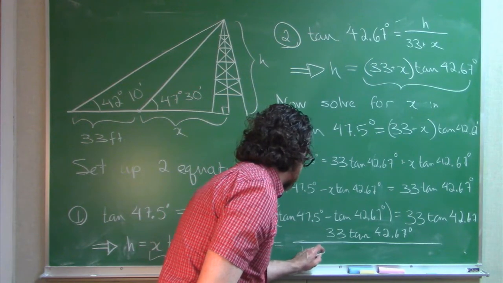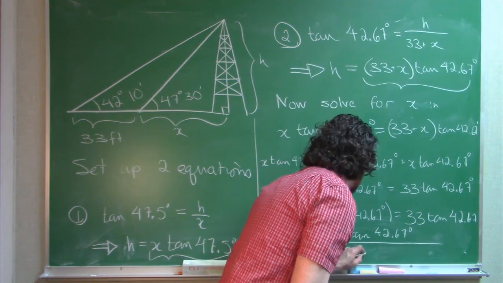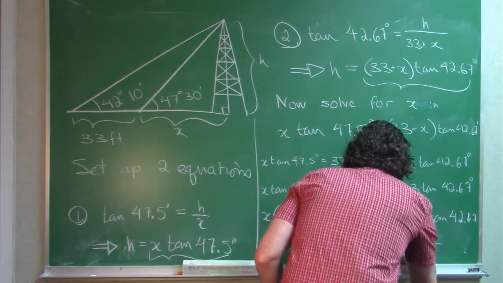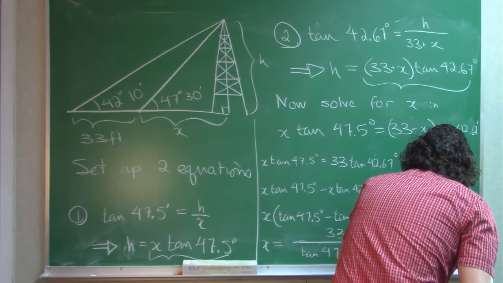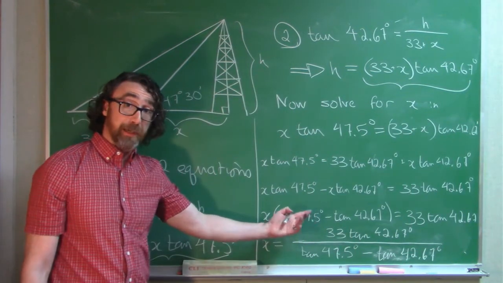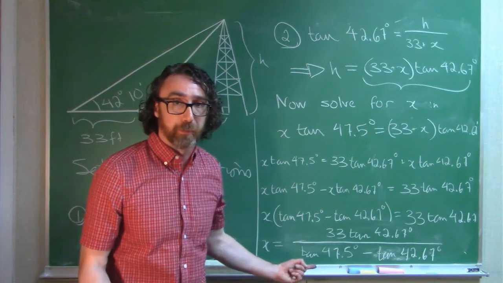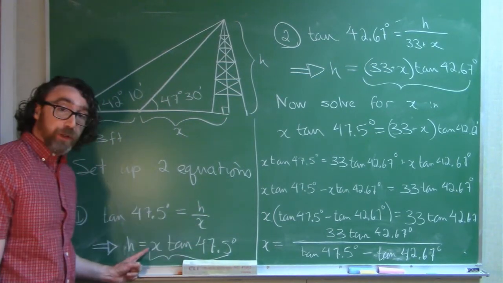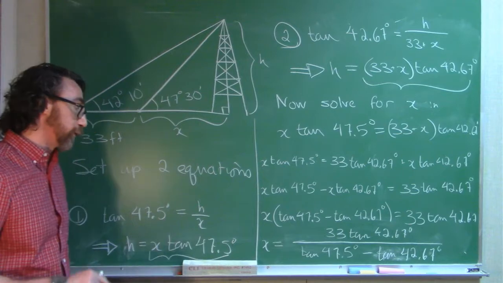On the left-hand side, it cancels out, and on the right-hand side, we get this. Now this is something we can compute on our calculator. It's a couple of steps, but we can do it. That gives us the value of x. Then take that value and plug it back in here and finally get h. So there's still one more step to do once we've got this.